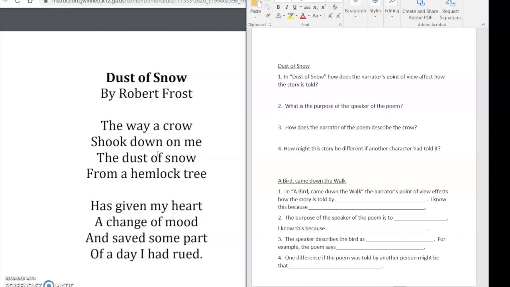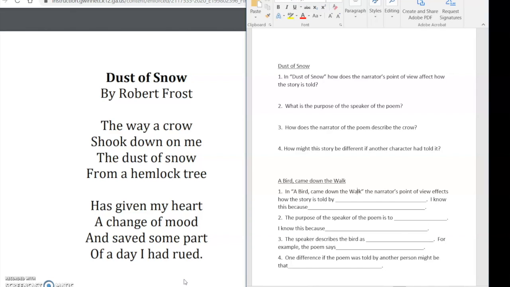So he says it gave his heart a change of mood. So it stopped him from feeling one way and made him feel a different way. And it saved some part of a day I had rued. Now, rue means to hate. If you hear "rue the day," it's like dread or is very negative.